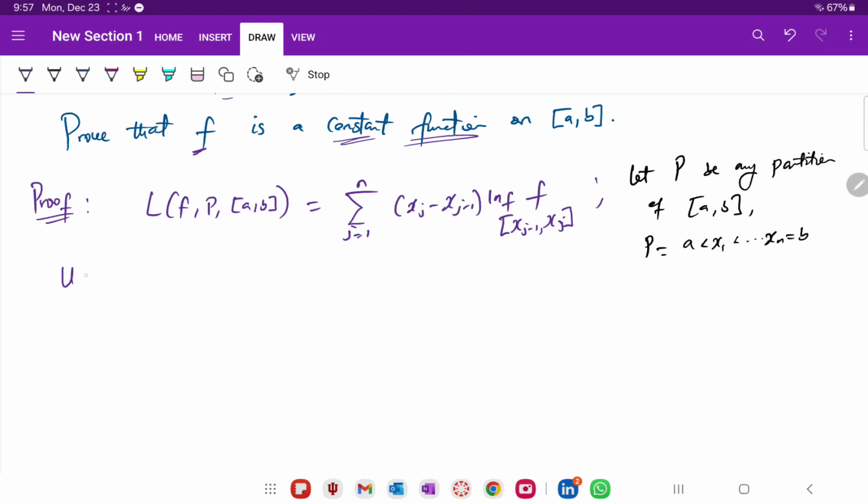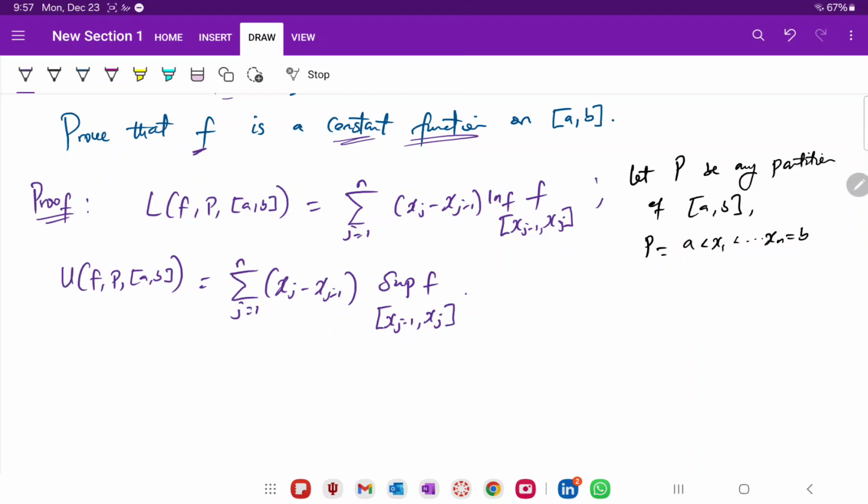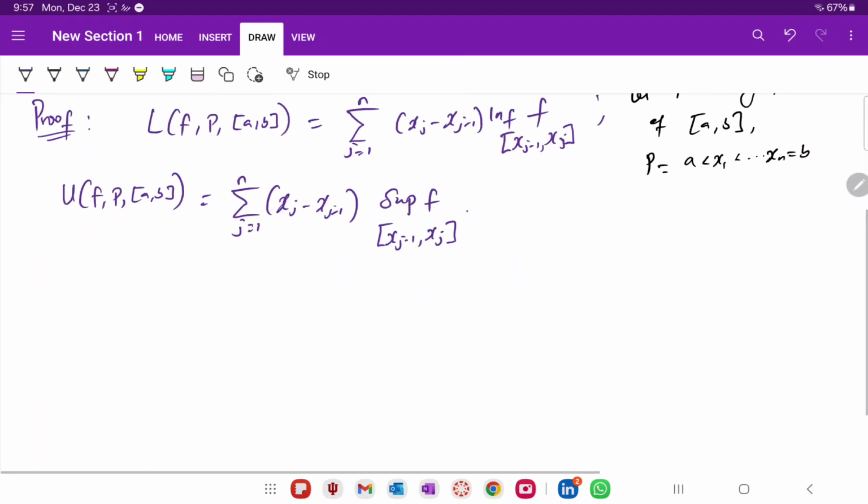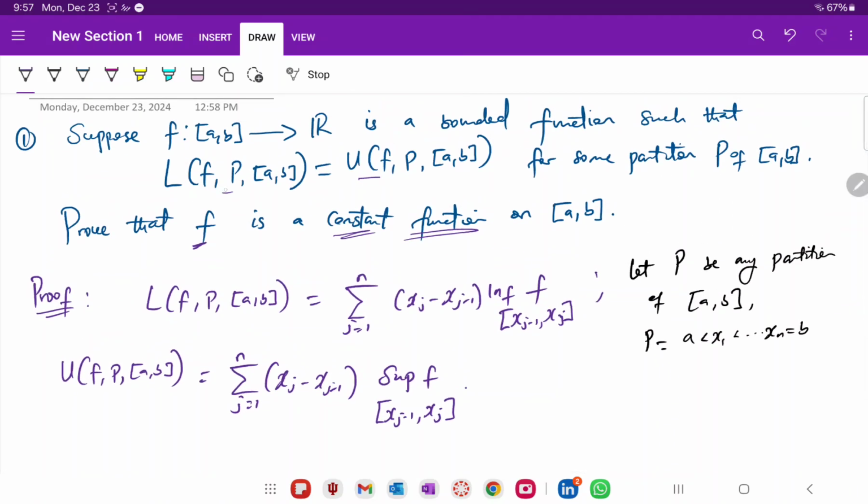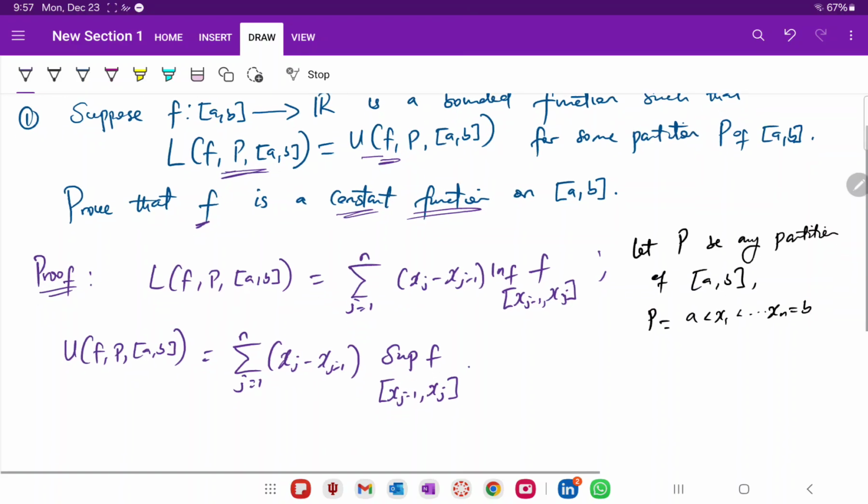We checked the definition of the upper Riemann sum to be the summation of j equals 1 to n of (s_j minus s_{j-1}) times the sup of f over [s_{j-1}, s_j]. So by our hypothesis, we have the lower Riemann sum equal to this.